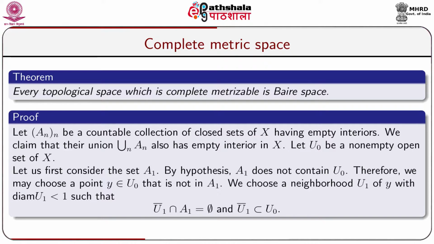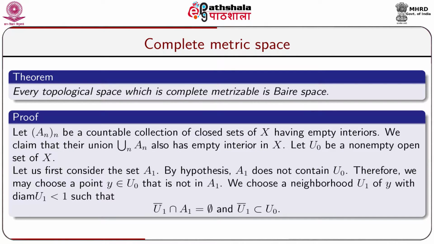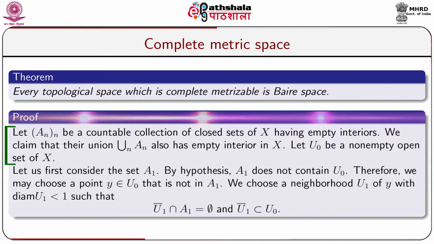Now, we shall prove that a complete metrizable space is a Baire space. To prove this, let us consider An, a countable collection of closed sets of X which have empty interiors. We claim that union of An also has empty interior. For this, let U naught be an open set of capital X. We can proceed as in the previous theorem.